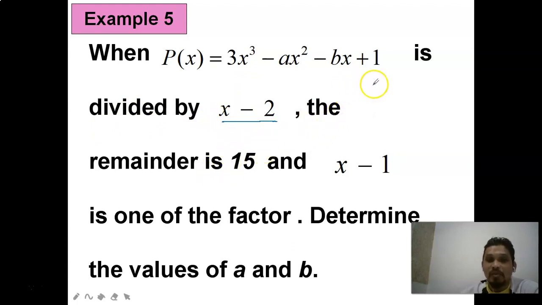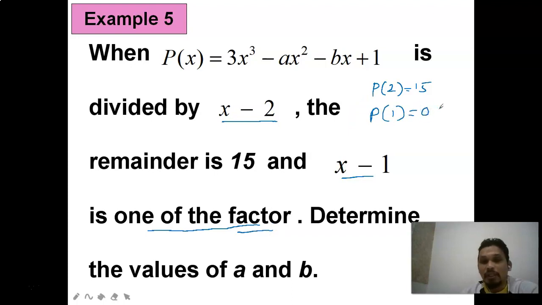So we may come up with one piece of information here: P(2) equal to 15. And x minus 1 is one of the factors, meaning P(1) equal to 0. Determine the values of a and b.